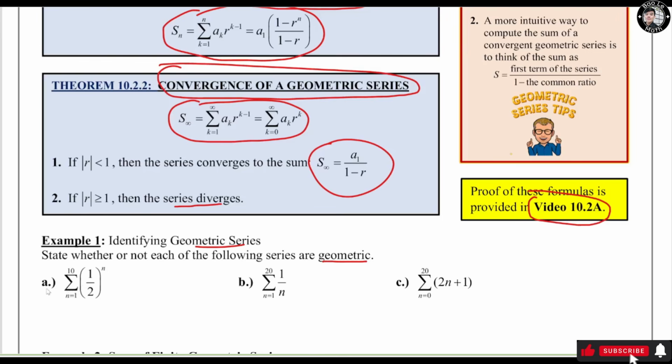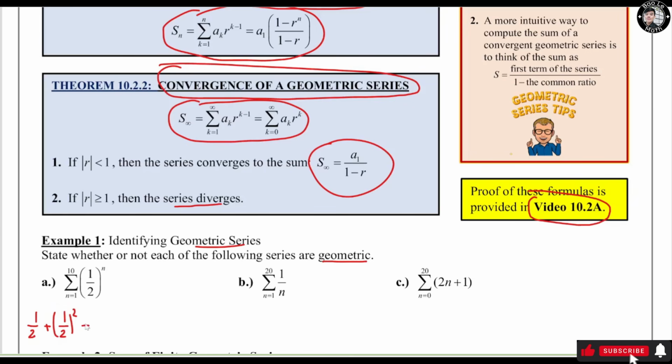Example 1, question A. Sigma of 1 over 2 to the n, when n goes from 1 to 10. Alright, so if n equals 1, we have 1 half. N equals 2, we have 1 half to the power of 2.